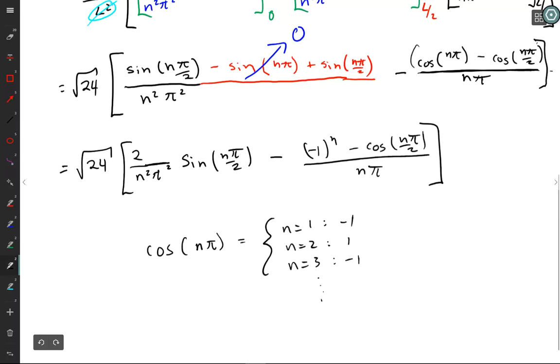Cosine of n pi is alternating between +1 and -1. And so -1 raised to the n will also alternate between +1 and -1.